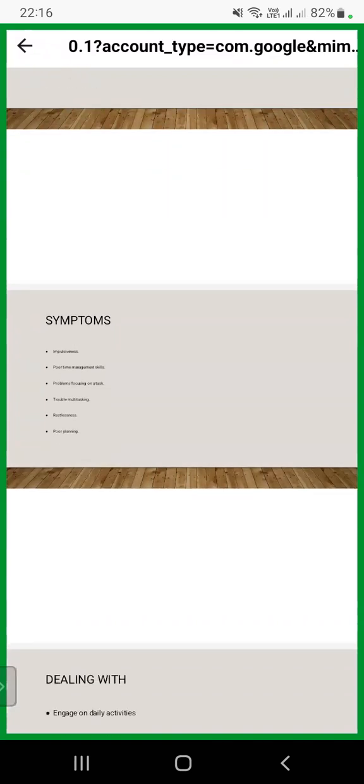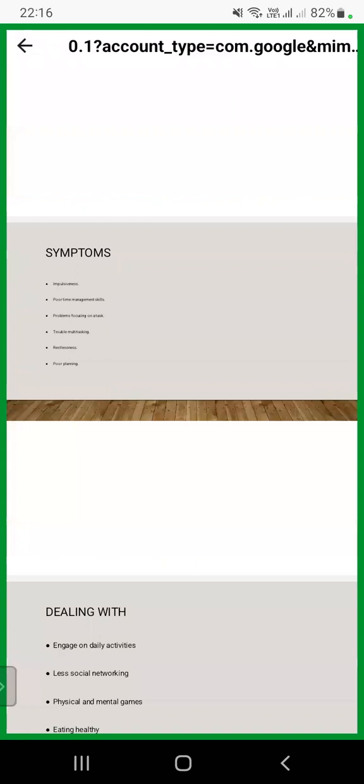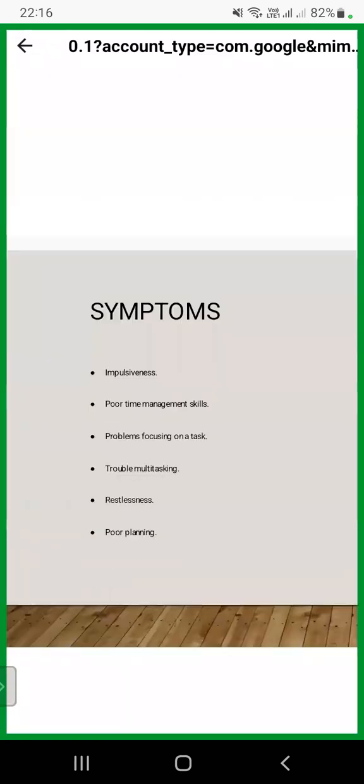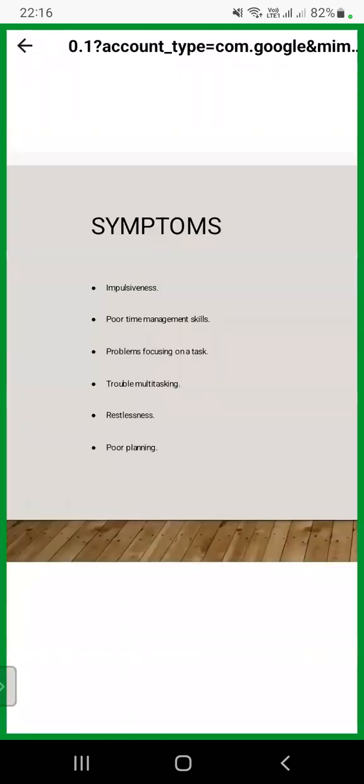Now, what are the symptoms? These learners have trouble multitasking and trouble listening. They can't finish tasks on time. They're always behind. They panic easily, and most of the time, when these things start becoming destructive, they reach that point.